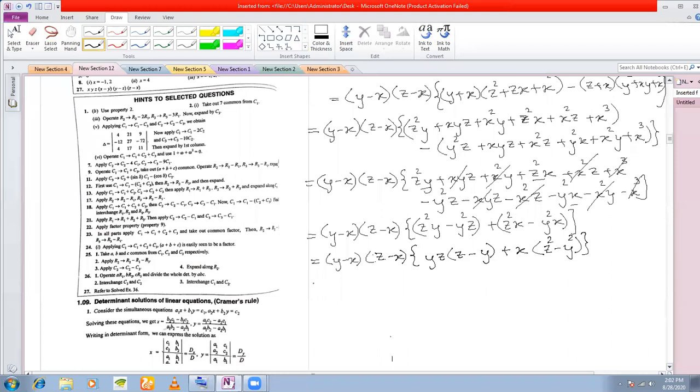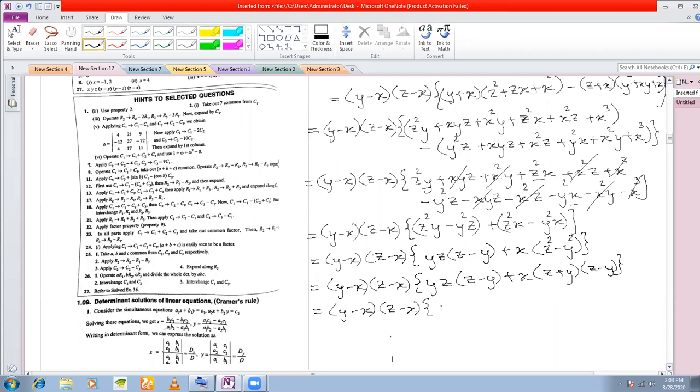Okay, now this is done. yz into z minus y plus x, and z square minus y square can be written as z plus y into z minus y, which is y minus x, z minus x.